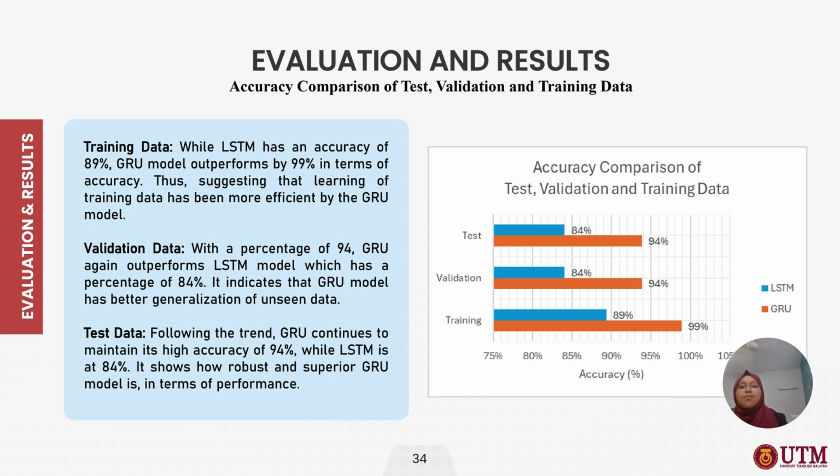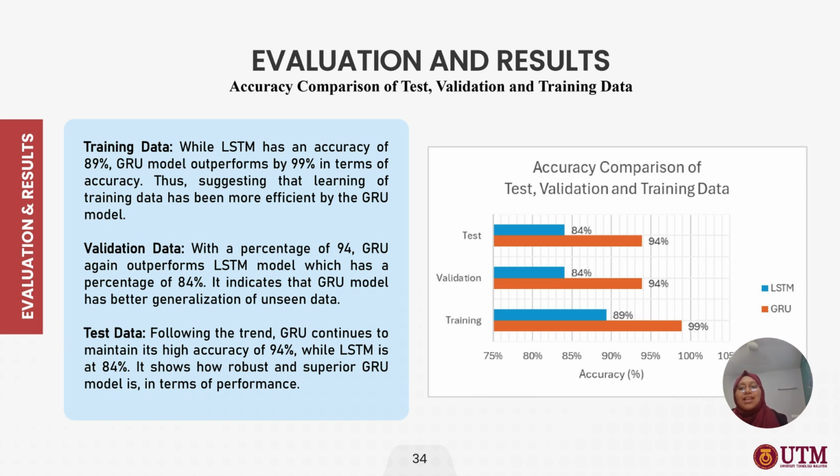Now let's compare the accuracy of the training data, validation data, and test data. As you can see, the GRU model outperforms the LSTM model here also. In training data, LSTM has an accuracy of 89%, but GRU has 99%, so GRU is more efficient in training data.